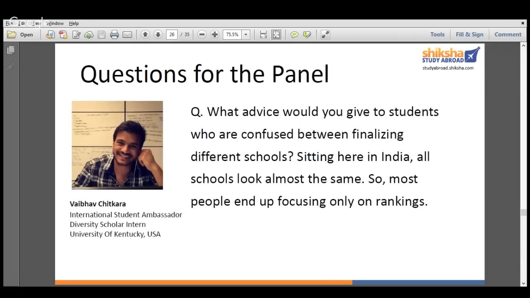You can't only base it on the ranking on a list, because that's only the academic side. When you're coming to the US, you have a whole social and financial side to look after as well. So you have to see where you're getting scholarships, where you feel you're going to be able to integrate, and also where they have a good academic program for you. All in all, those are some of the most important things when you're deciding between different schools.